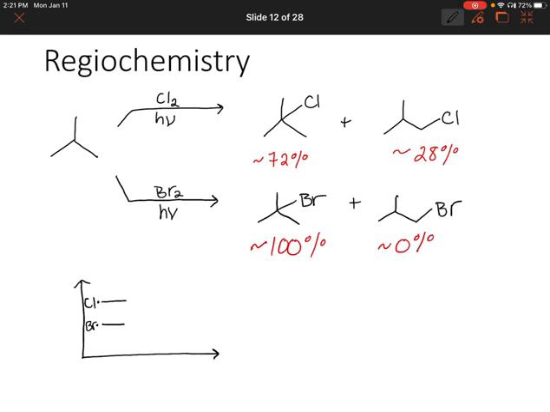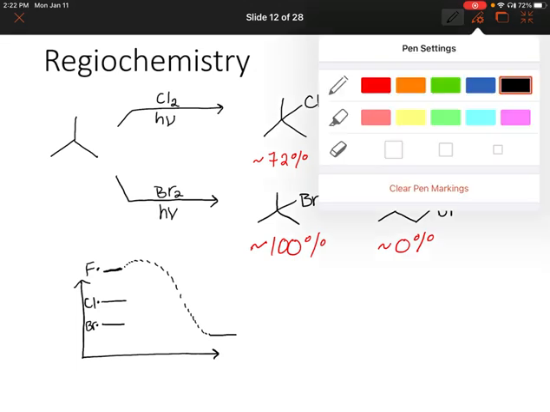And let's put fluorine in there just for fun. Fluorine's way up here. It is not very stable. Now, if they all perform this reaction, let's just say this is our energy diagram down to our product.